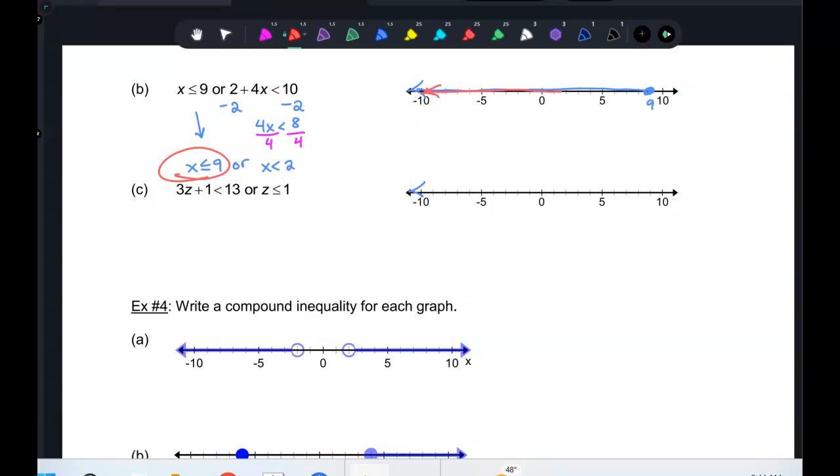If I pick something that's smaller than 2, like 0, is 0 smaller than 2? Isn't that also smaller than 9? So remember what I said, anything shaded. The fact that this shaded in everything, overlapping here, means this part that I shaded in red doesn't matter really. All right, let's look at the next one.